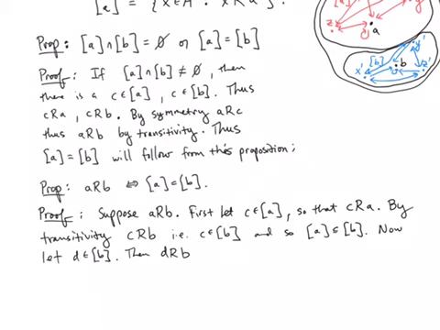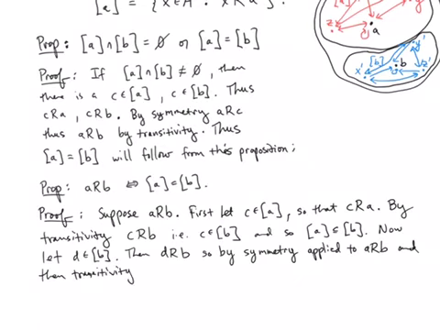So by symmetry applied to A related to B, and then transitivity: if you apply symmetry to A related to B, you get B related to A, and then you'd have D related to B, B related to A, so D is related to A by transitivity.